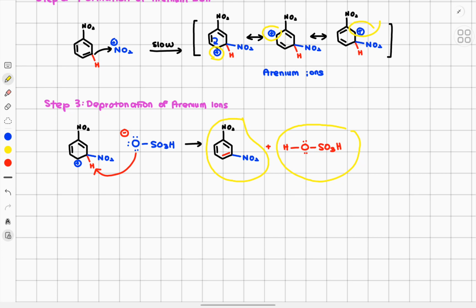So the partially negative oxygen ion from the H2SO4 will bind with the H atom from the arenium ion and reform H2SO4, and then the arenium ion will lose the H atom and it will form back the carbon-carbon double bond here, and then we already got our benzene derivative.